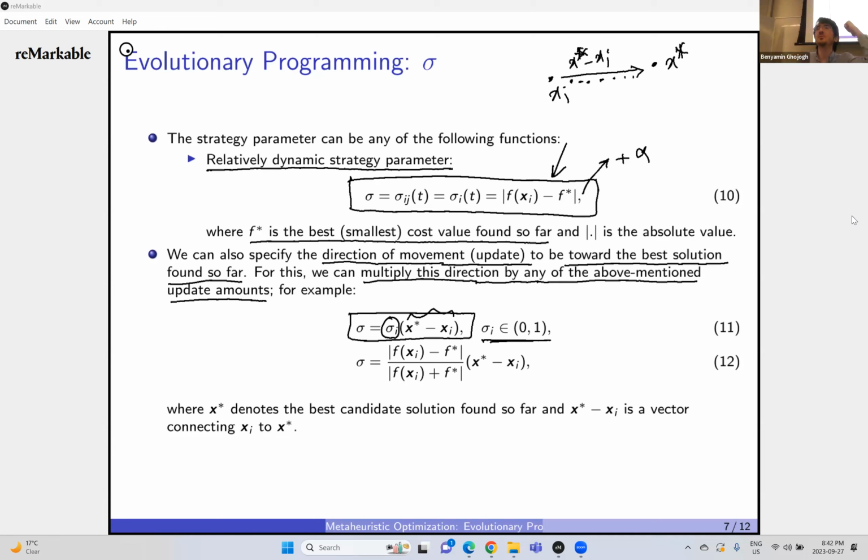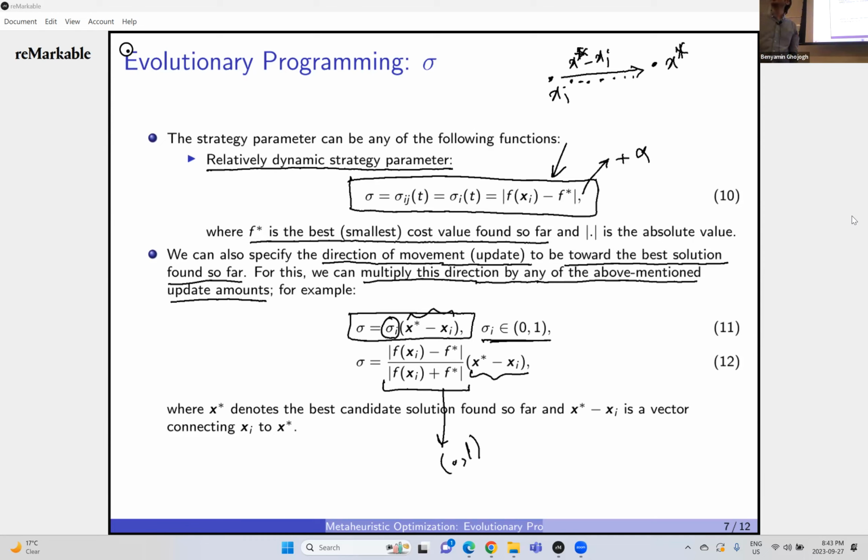I shouldn't go the opposite way. Also, we can say this direction times f of xi minus f star over f of xi plus f star. We know that this is always between 0 and 1, right? F star is the best cost found so far.